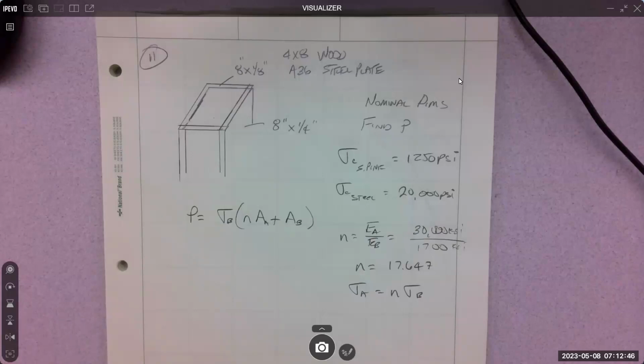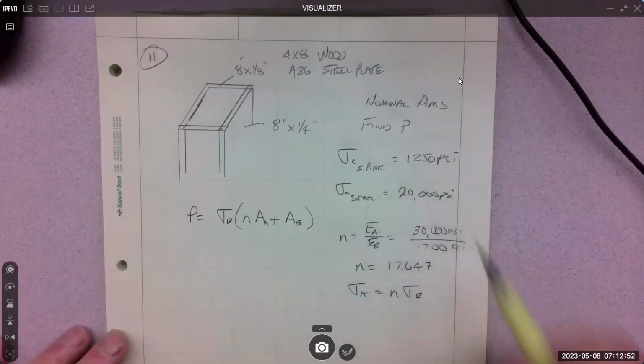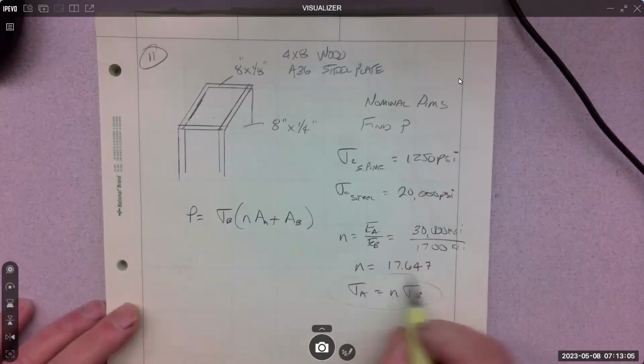So if I say that material B is the control, that would be the pine, and I put the 1250 in here. So this is a relationship that the book gives, stress in A equals N times stress in B, right? Now, the modular ratio is huge here, the difference between steel and wood, right?